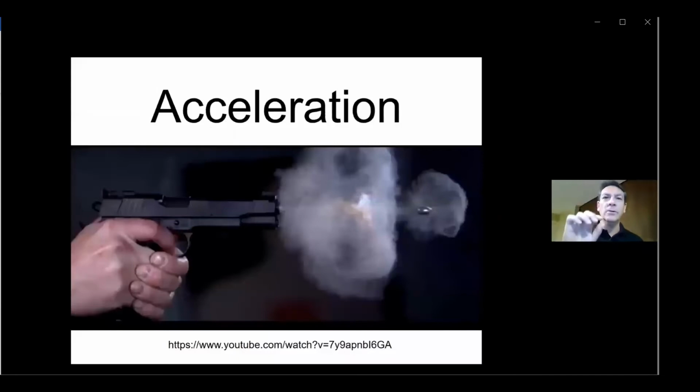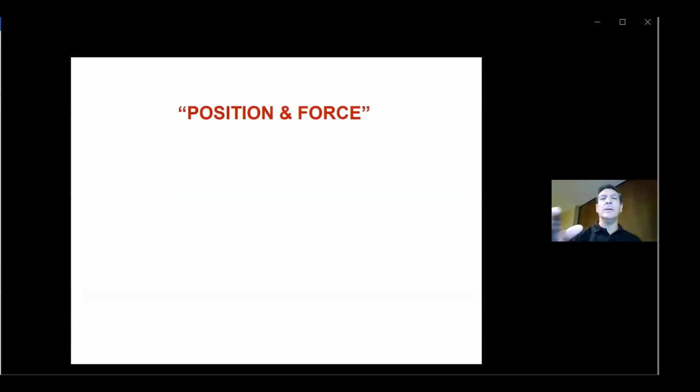But what we do is we put it in these types of things and we create high accelerations. So now this small mass with an extremely high acceleration creates a lot of force and a lot of damage. And it's a nice, easy thing to think about when we're thinking about force equals mass times acceleration.